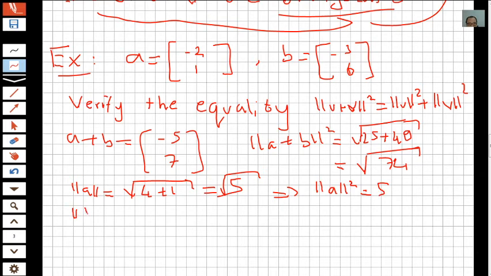And for the second one, the length, from the definition, is 9 plus 36, so we have 45.